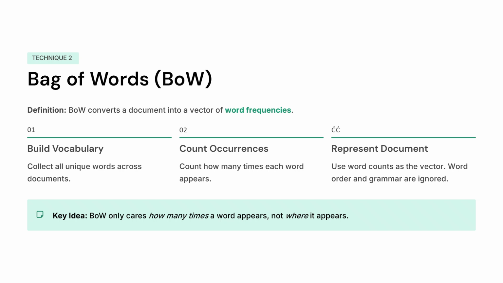So the key idea behind bag of words was how many times a word appears, and not actually where it was appearing. This method used to work pretty well for tasks such as sentiment analysis, because, for example, if we have a sentence with a negative sentiment, it would have a lot of words like bad, and as bag of words is able to capture the frequency, it used to work pretty well in such tasks.